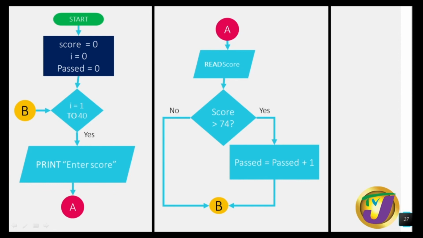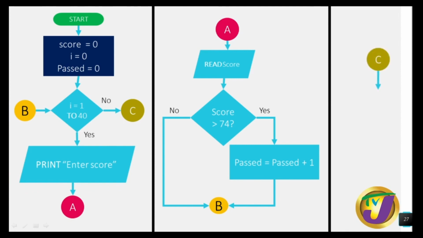And as long as we are within the limits of 1 to 40, then we will always come back to our loop. And the connectors have been labeled B, etc., A, so that you can see what's going on. At the point at which I becomes 41, we have to exit the loop. And that is where I now have a connector that leads you straight to the end of your program.